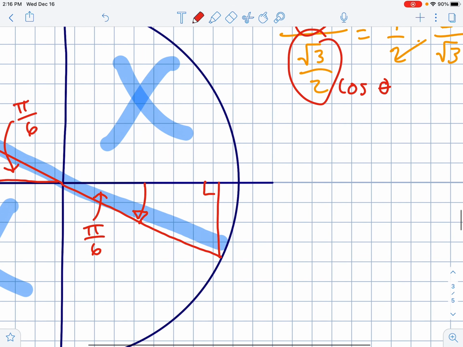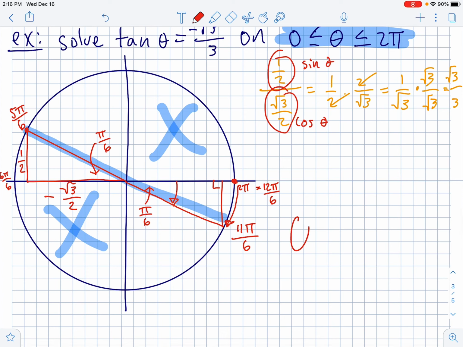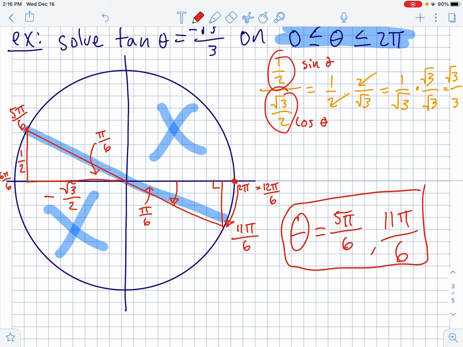So what you need to do here is think of the 2 pi spot all the way around the circle is the same thing as 12 pi over 6. So if you take 12 pi over 6 and you back it up 1 to here, that means that you took a pi over 6 off. So this is 11 pi over 6. So our final answers are going to be 5 pi over 6 and 11 pi over 6.